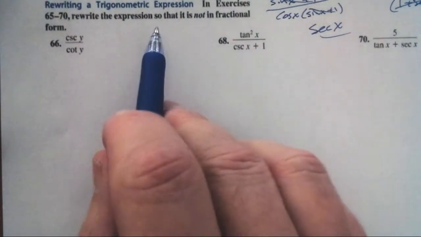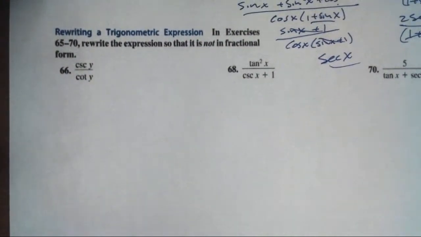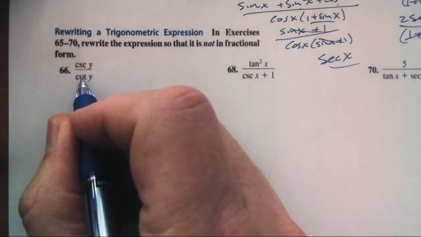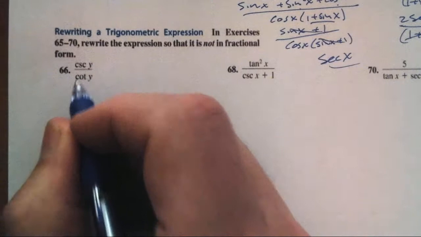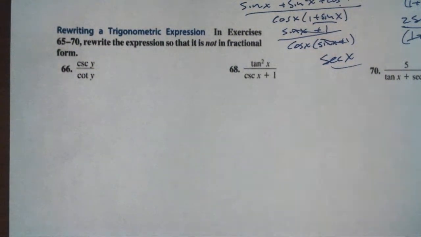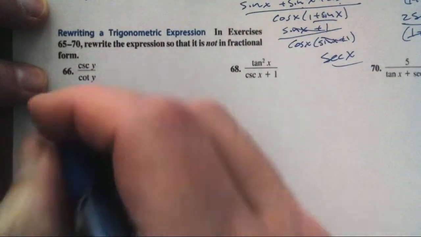All right, rewrite the expression so that it is not in fractional form. So I want to get rid of cotangent. I'm going to go to sines and cosines first here. Even though these live together in a Pythagorean, maybe I want to come back to that. But I'm going to go to sines and cosines and see if that cleans things up here.